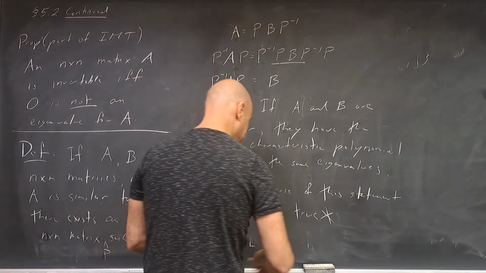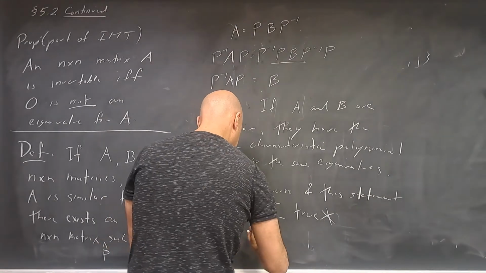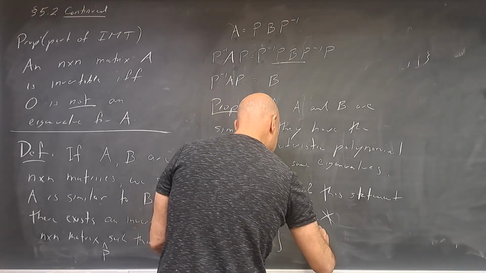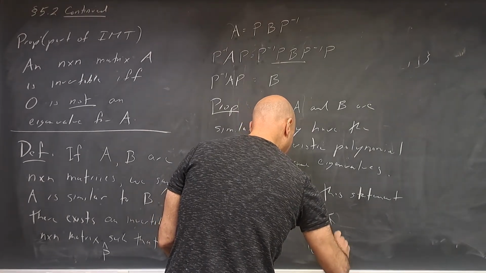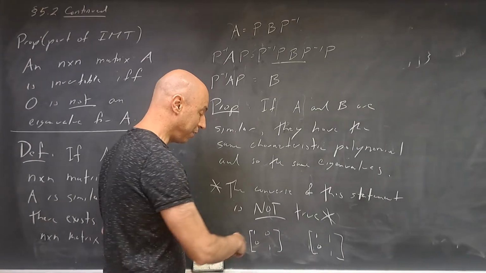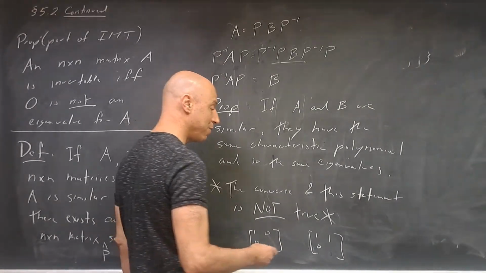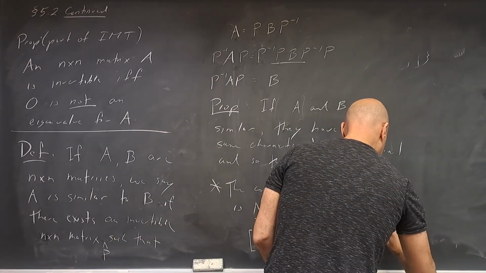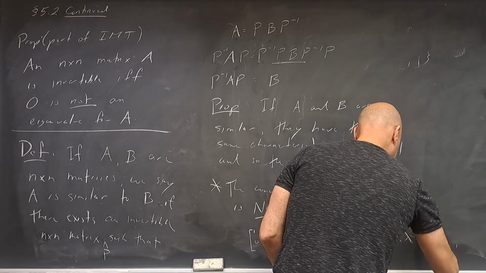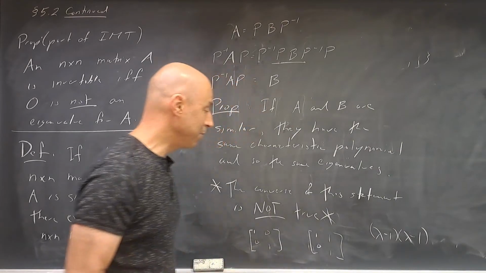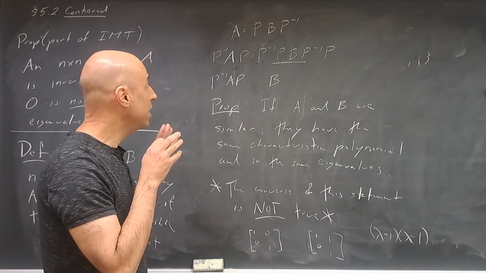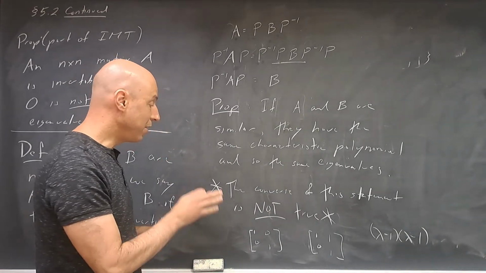Here's an example. The identity matrix 1, 0, 0, 1 and this matrix 1, 1, 0, 1, these two have exactly the same characteristic polynomial. If we compute the characteristic polynomial for either of these, you will get lambda minus 1 times lambda minus 1. In other words, lambda squared minus 2 lambda plus 1. But these two matrices are definitely not similar.